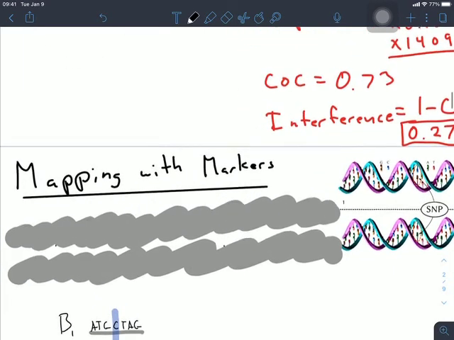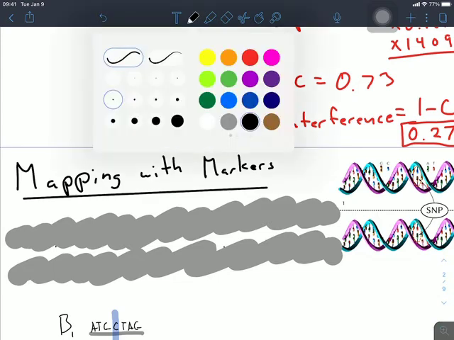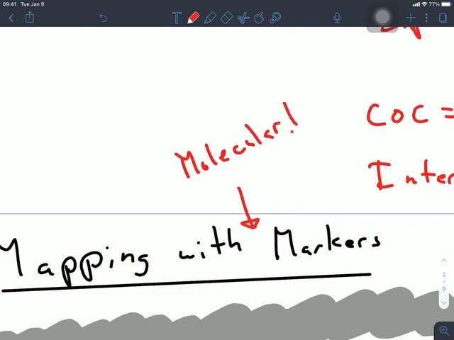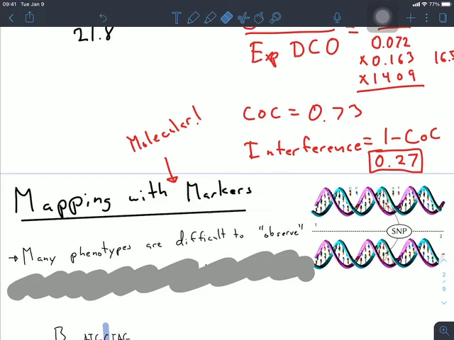Molecular markers are going to be highly beneficial to use, simply because many phenotypes are very, very difficult to observe.